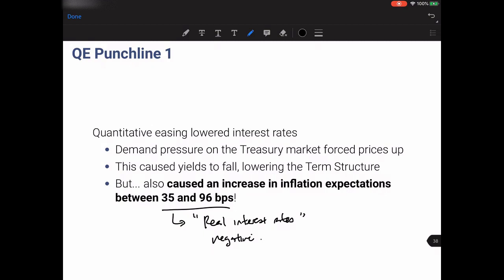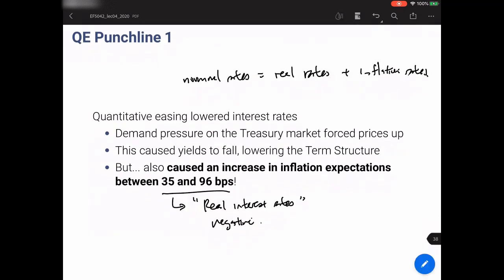So nominal rates equal the real rates plus inflation rates. All right. So the real rate of return is simply the return that you would get in terms of goods and services rather than in terms of the currency.